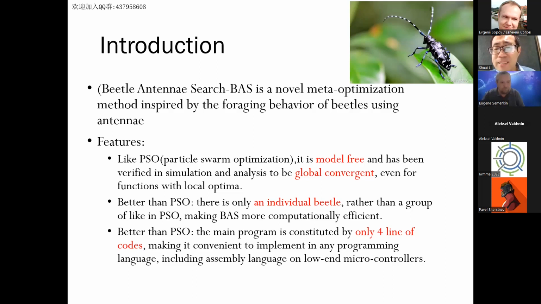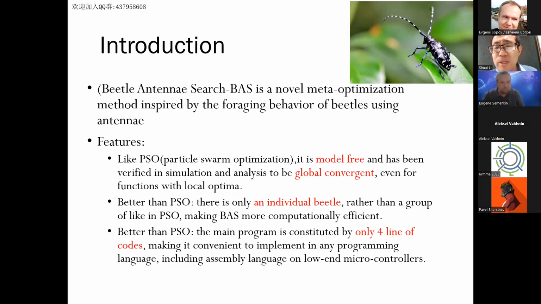And inspired by this kind of behavior, if we draw an analogy to a mathematical optimization problem, the food smell strength is distributed in a space, which is usually a two-dimensional or three-dimensional space for the beetle case.